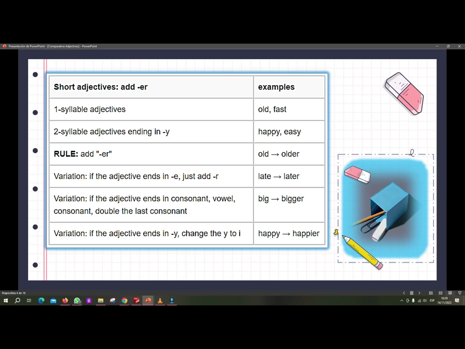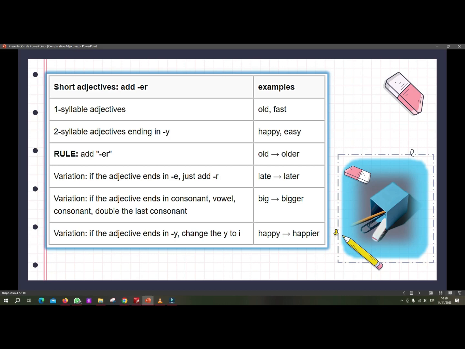Rule, add ER. Variation, if the adjective ends in E, just add R. En el caso de que el adjetivo termine en E, usted solamente le agrega R. Late, later. ¿Vean? Late, later.